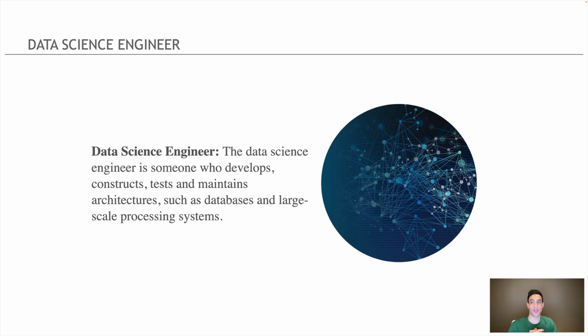And then this one's interesting. So a data science engineer. This role is becoming more and more popular. Even when I first started in college as a freshman, this role was becoming more and more popular, and a lot of my friends were going into the data science engineer route. So the data science engineer is someone who develops, constructs, tests, and maintains architectures such as databases and large-scale processing systems.